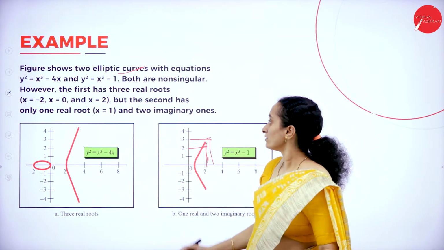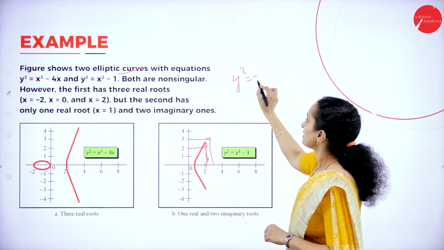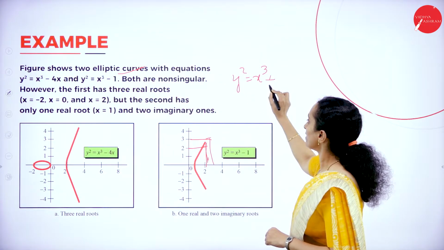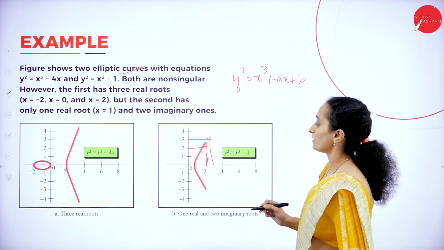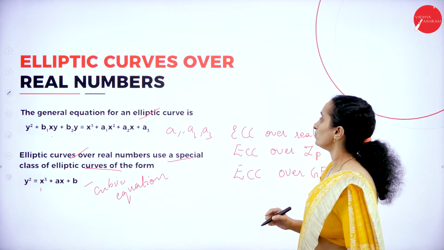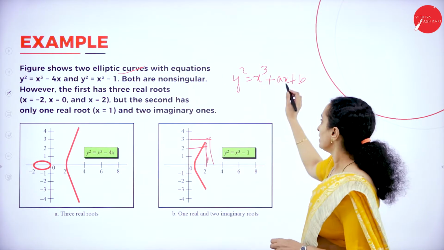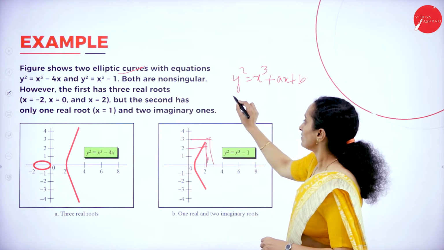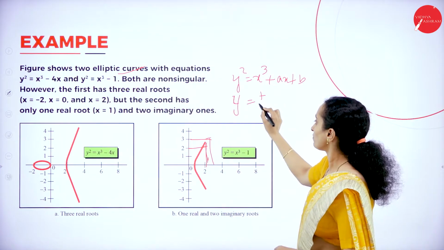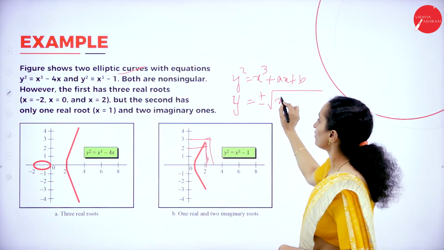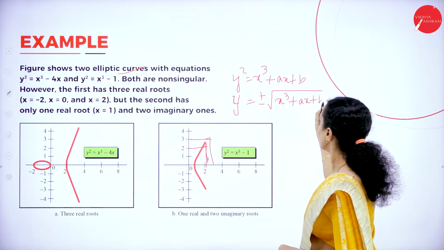So we take the cubic equation here, that is y² = x³ + ax + b. When you calculate the value of y, it will be plus or minus the square root of x³ + ax + b.